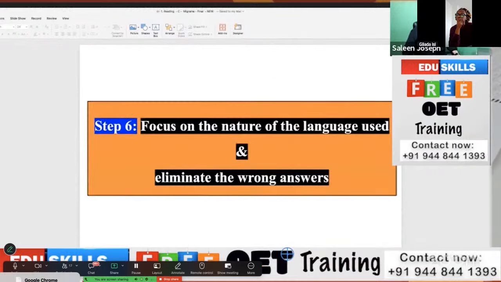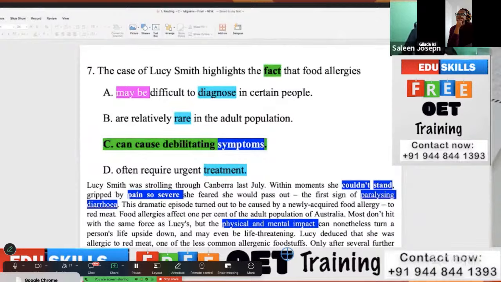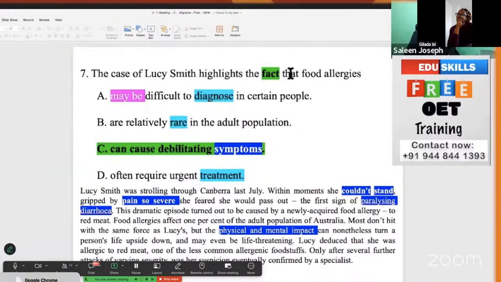Step 6, focus on the nature of the language used and eliminate the wrong answers. That is to say, even without going into the text, you will be able to do that. Now here, as I said, fact maybe is the opinion. Then rare prevalence can cause debilitating symptoms. Can means a possibility.